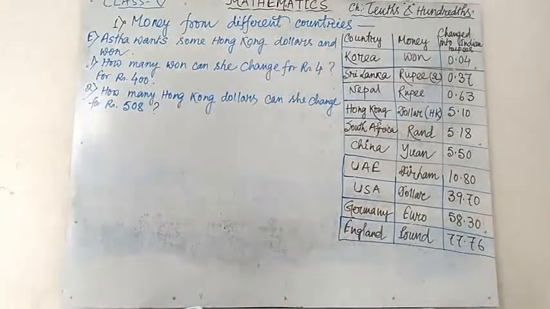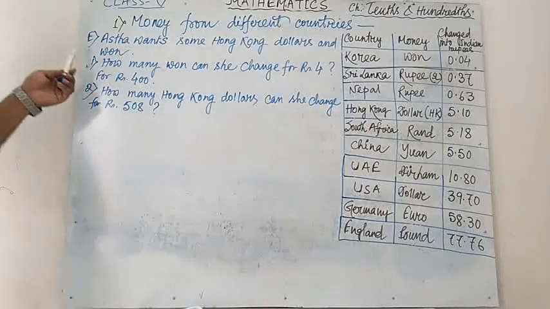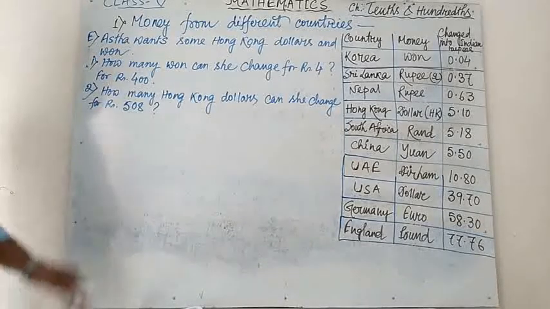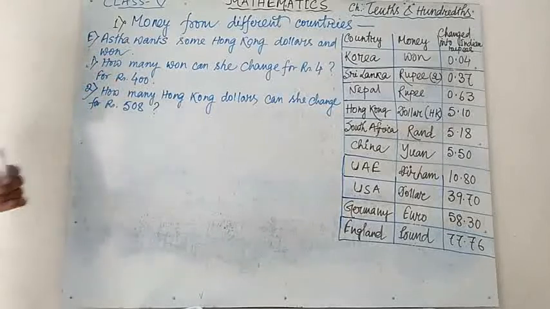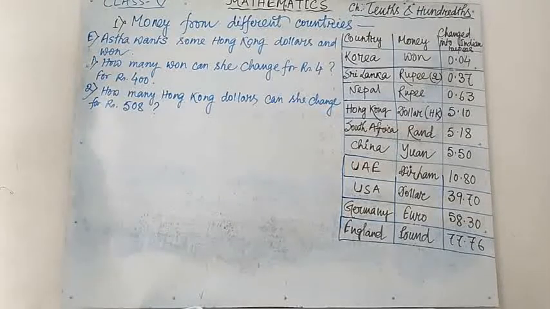Now come to the next point, number E. Astha wants some Hong Kong dollars and won. Number 1, how many won can she change for rupees 4 and for rupees 400? Number 2, how many Hong Kong dollars can she change for rupees 580?